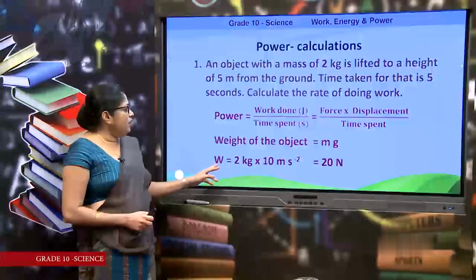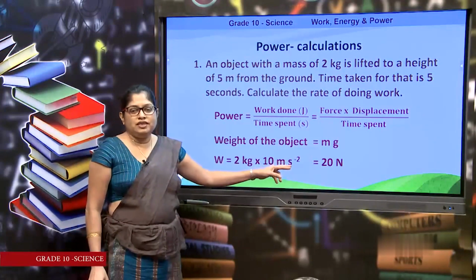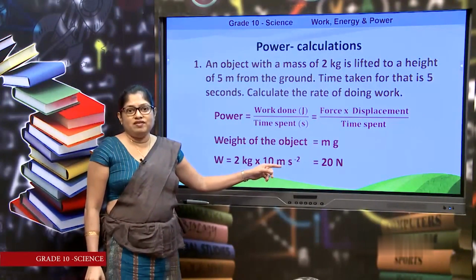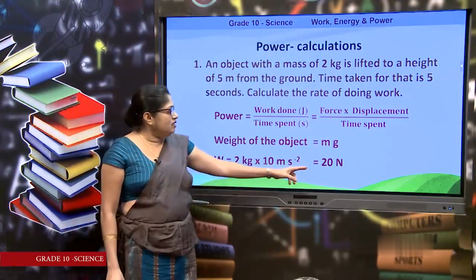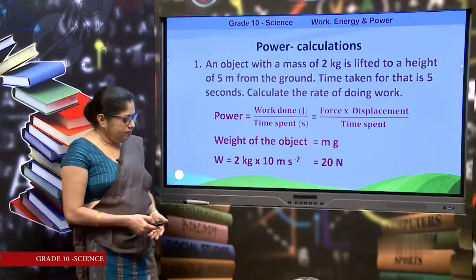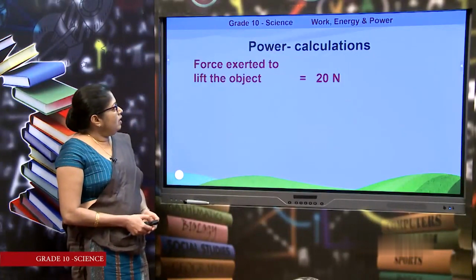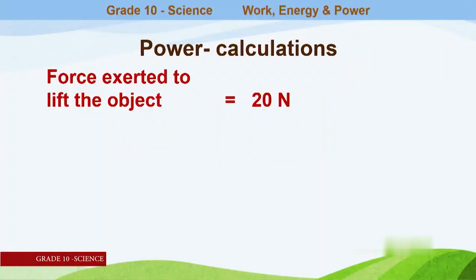So, W equals 2 kg into 10 meters per square second. That is the value of gravitational acceleration. I hope you can remember this. Then you get the weight of the object as 20 Newton. Then the force exerted to lift the object is 20 Newton.